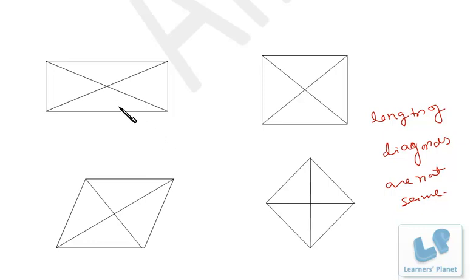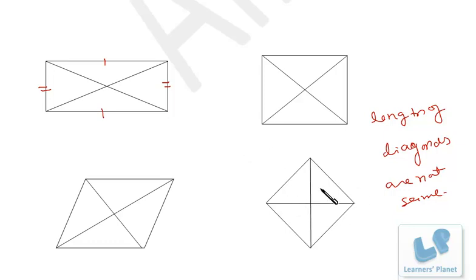If you have to prove that four vertices are vertices of a rectangle, then you need to prove that the length of the diagonals is the same and the length of opposite sides is the same. If the length of both the diagonals is the same, then it is a rectangle. If not, then it is a parallelogram. So this is how we can differentiate among all of them.